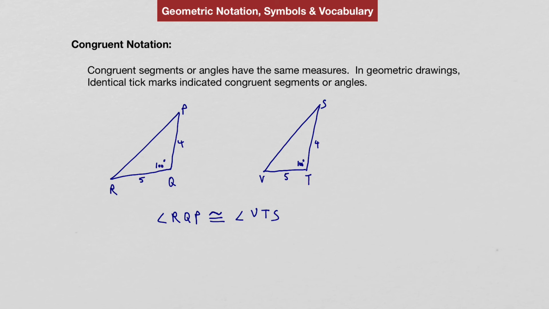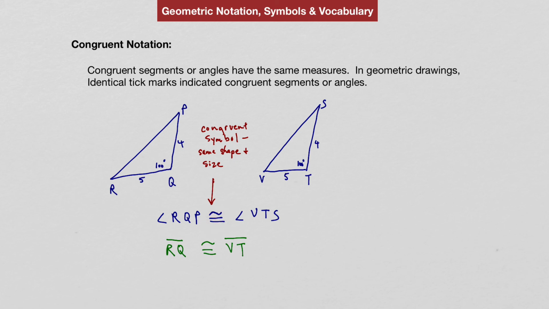So we would say that segment RQ, I'm going to write this like this, RQ with the bar over it, is also congruent to VT. This congruent symbol means that it's the same shape and size.